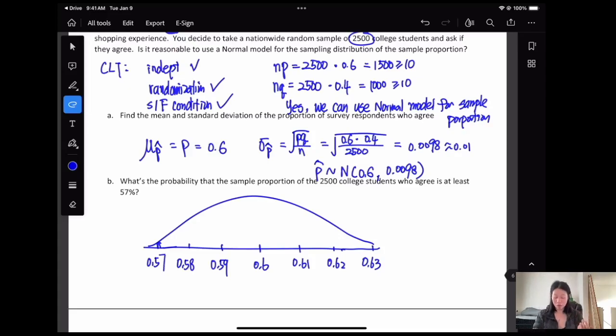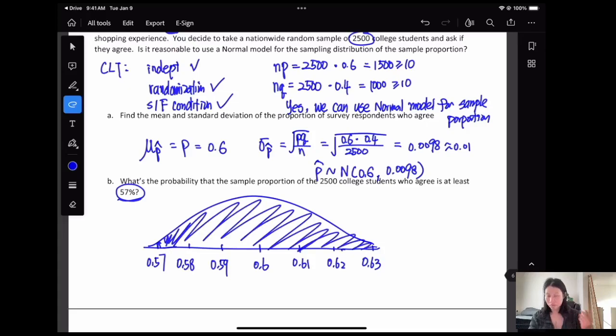By the empirical rule, 99% of data is within 3 standard deviations. Since we say at least 57%, that means everywhere above 3 standard deviations, so it's going to be almost 100%.